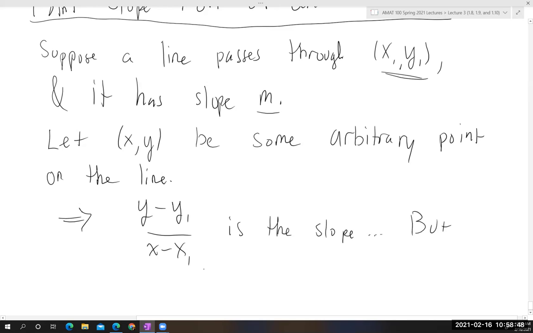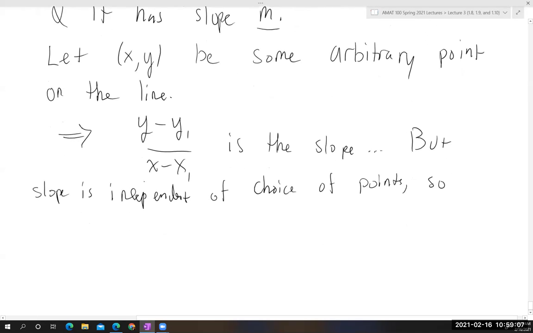But slope is independent of choice of points. We just determined that by the similarity of triangles. So this fraction right here is just equal to m. So this implies that y minus y1 over x minus x1 is equal to m.